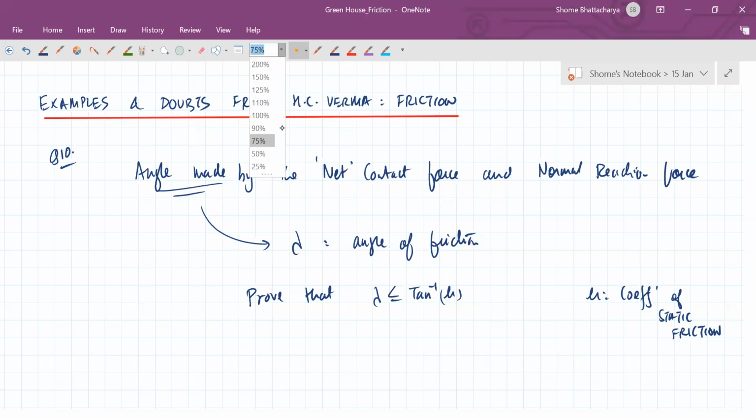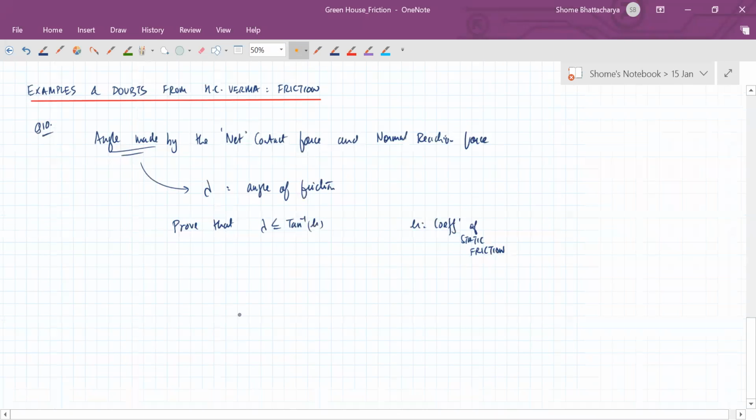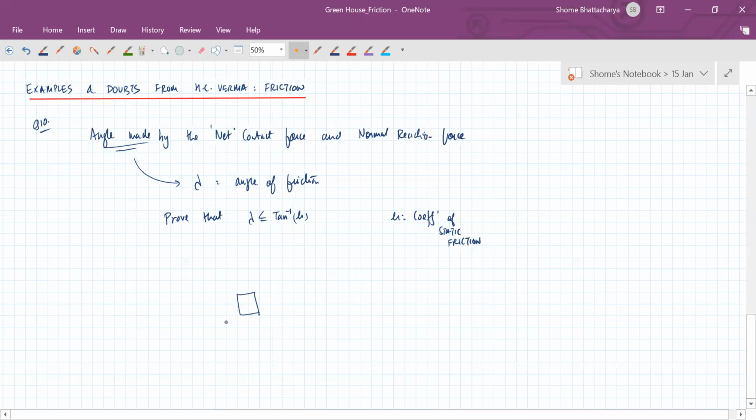So it's a very simple situation really. Whether you are talking about a block on a horizontal surface or a block on an inclined surface, whether there are some external forces acting or not, whatever be the case, there is normal reaction, and if the tendency to slip is towards the right, then friction will act like this. Here the tendency to slip is down the inclined plane, then normal reaction is like this, but friction is like this.